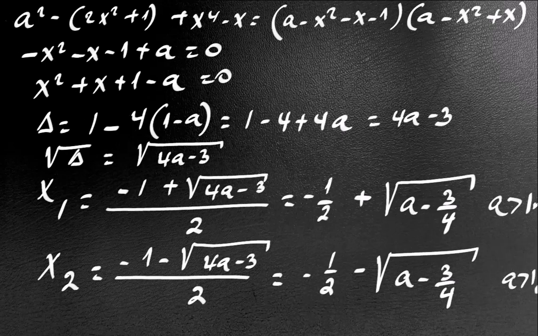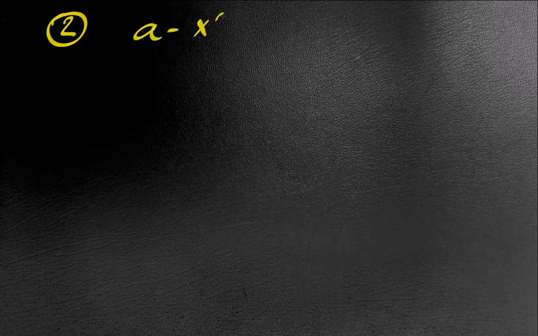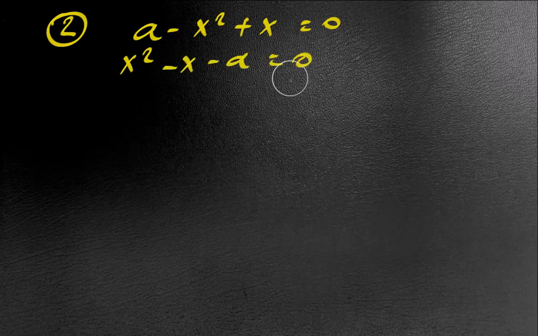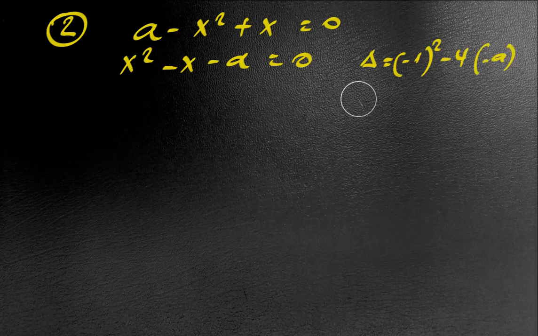So we go and check the second factor here, and we are going to make that second factor 0. The second case is a minus x squared plus x is equal to 0 then. So we say x squared minus x minus a is equal to 0, and we calculate another discriminant here, minus 1 squared minus 4 times 1 times minus a.